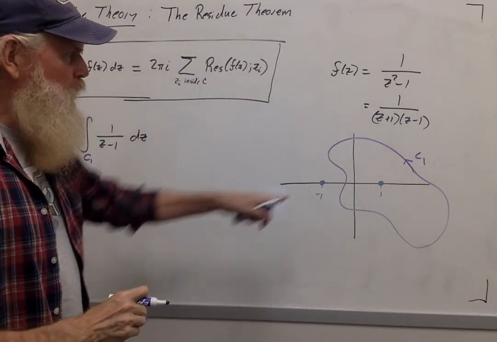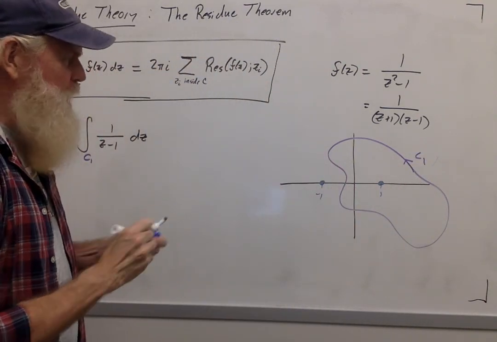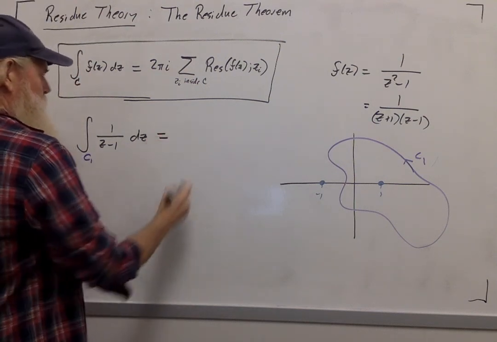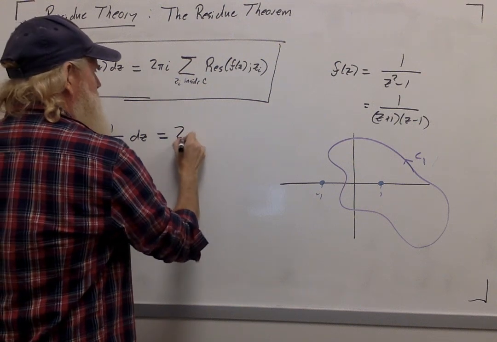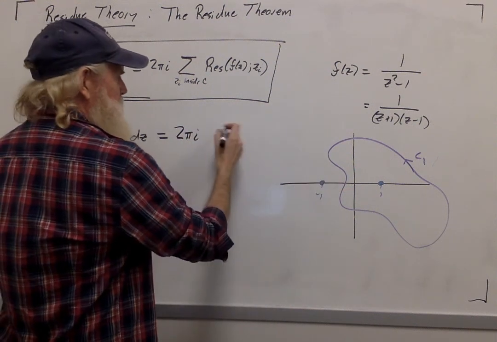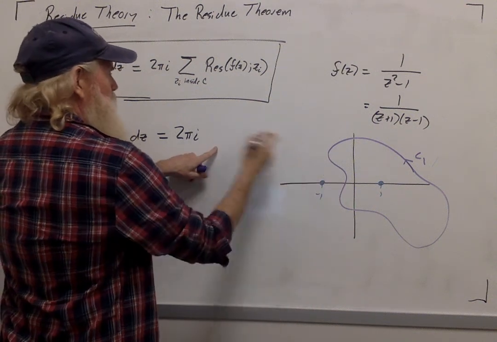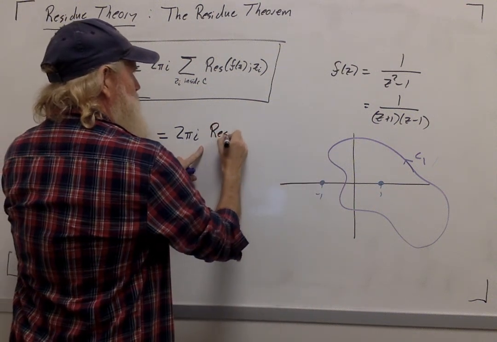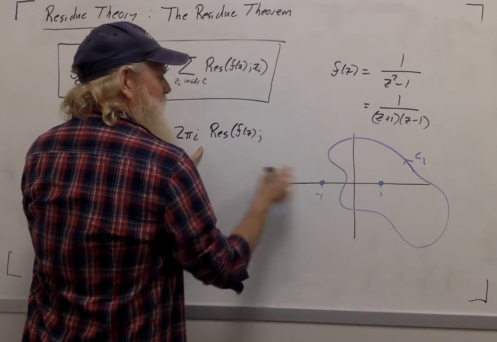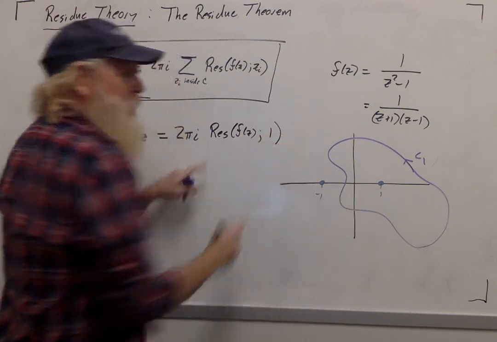Notice that C1 loops around 1, but it does not loop around negative 1. Well, by the residue theorem, I'm going to get 2 pi i times the sum of the residues, and there's only one, so times the residue of the function f of z at just the pole 1.